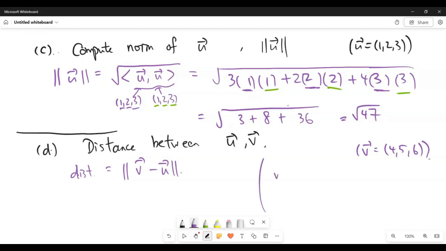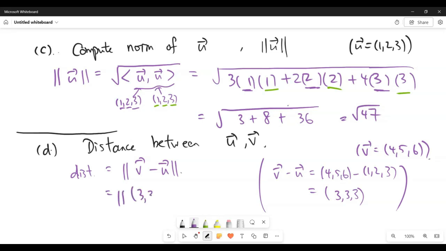So now we have to compute the vector v minus vector u, 4, 5, 6 minus 1, 2, 3. Then you understand that the vector is 3, 3, 3. So you're looking at the norm of the vector 3, 3, 3, right? And the norm of the vector can be computed essentially the same as part C now.